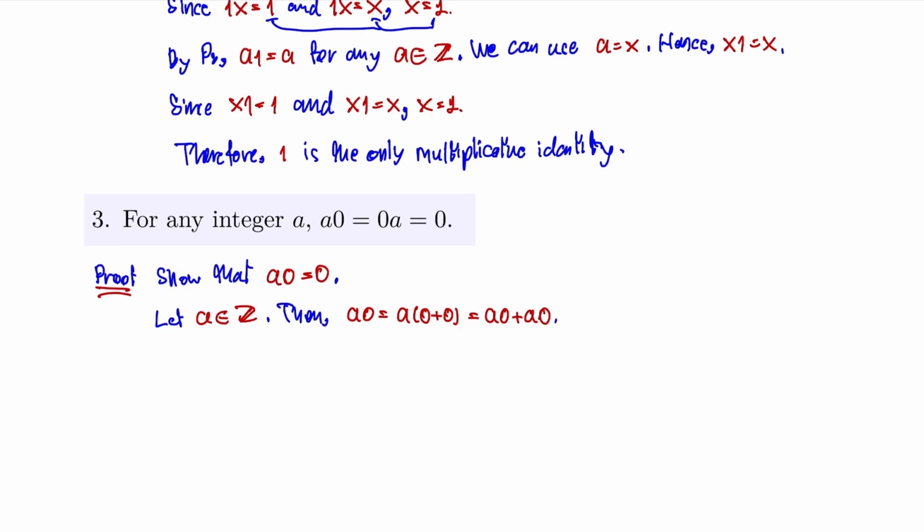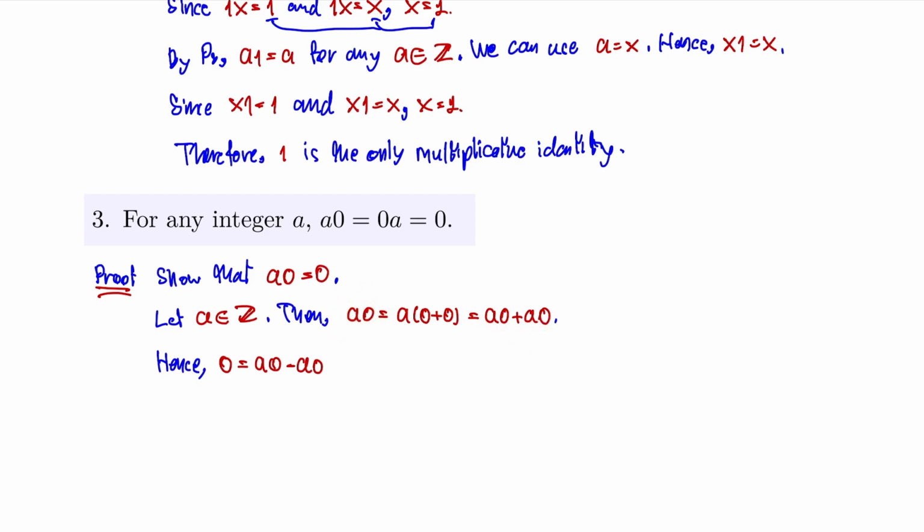Now what is just 0? 0 is the difference of the same numbers, so we can have a0 minus a0.